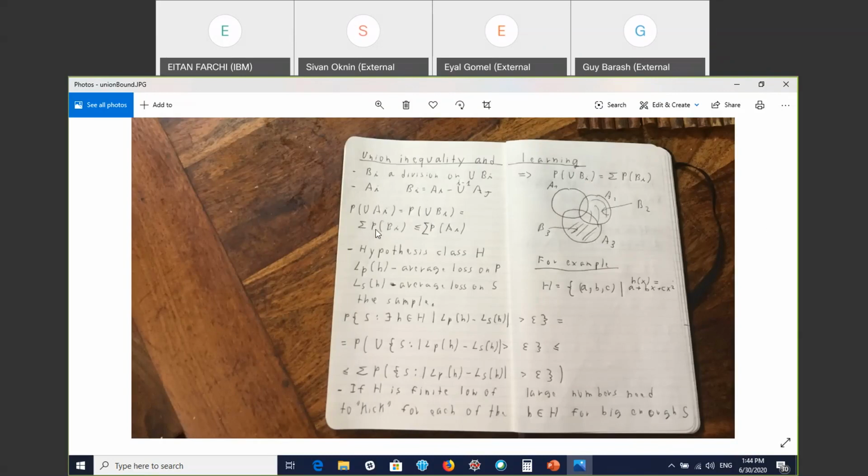So it's the sum of the probabilities of Bi, and because each Bi is contained in Ai, the sum of probabilities of Bi is less than or equal to the sum of probabilities of Ai. Okay, so that's the idea of the union bound. Any questions about this? No, thank you. Good.